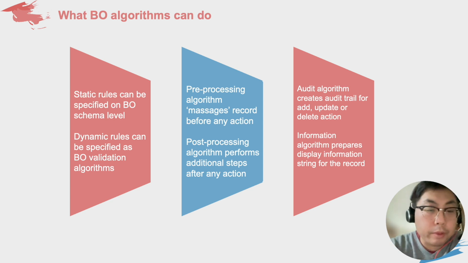And also post-processing algorithm. Normally that happens, for example, if I want to update a particular record, and if there is a status change in terms of business model or as a part of the business process, we could be writing a post-processing to trigger another rule to be run if that rule is based on a different process or on a different business object.